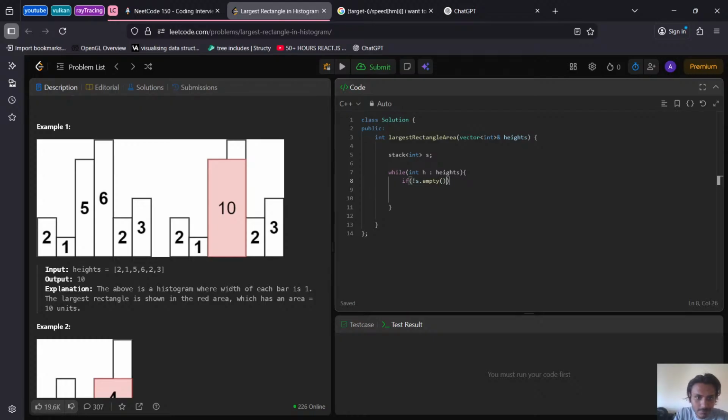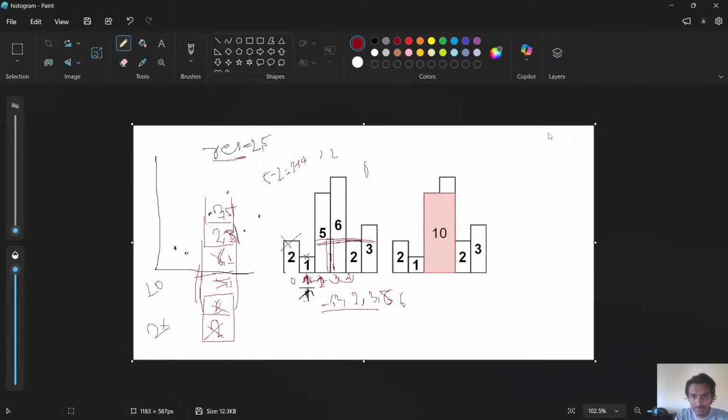and our current height is smaller than the previous height.